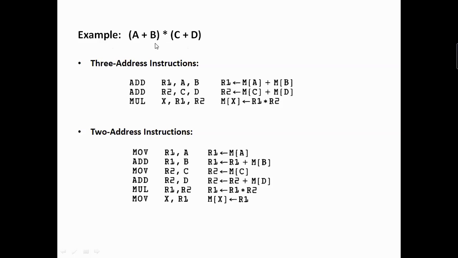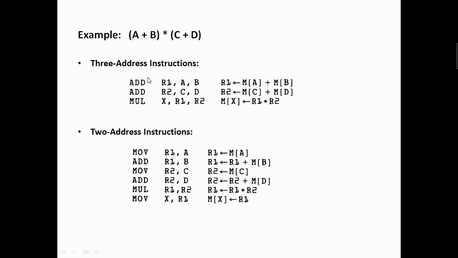If the computer is using a three address instruction format, it will use these instructions to perform this operation. Each of these instructions will have three addresses. So there will be an operation code, an operation part, then three addresses.